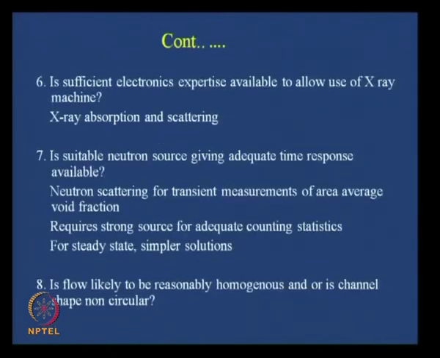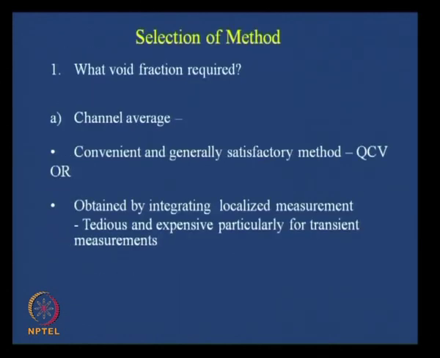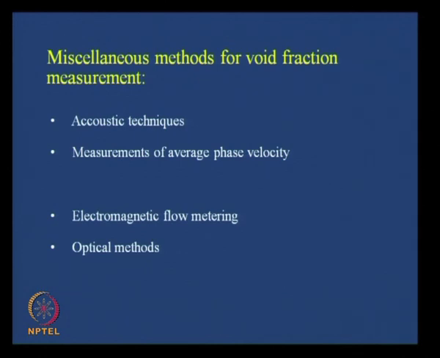Now, after this I would like to discuss certain other techniques which are not so very common, but they are being used more and more now, and in modern times they can be exploited more for obtaining an idea about the void fraction. The first thing which I told you was radiation absorption.